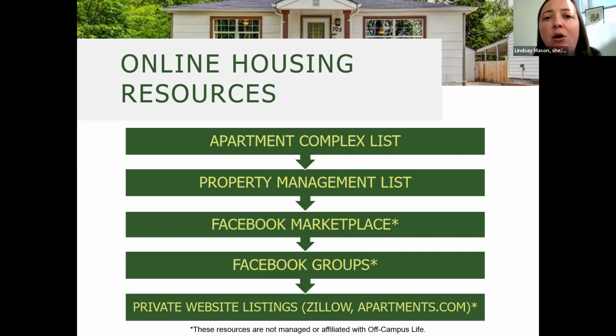Additionally, this list doesn't tell you what's available at the different complexes because it's an Excel spreadsheet. It's static. We can't update it all the time, but it does give you enough information to hopefully narrow down your search so that you can find apartments that meet some of your needs. And then it'll help you decide what apartments to reach out to find housing.